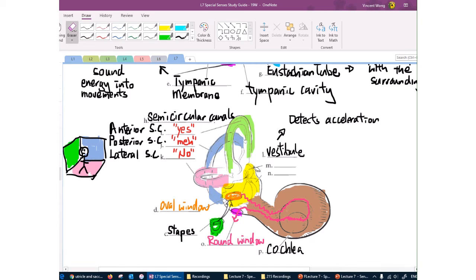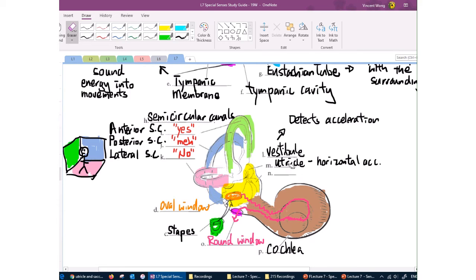Okay, the top one here is called the utricle, and that will detect horizontal acceleration. So as in the car, you're speeding up or slowing down, you step on the brake all of a sudden, and you feel that deceleration.